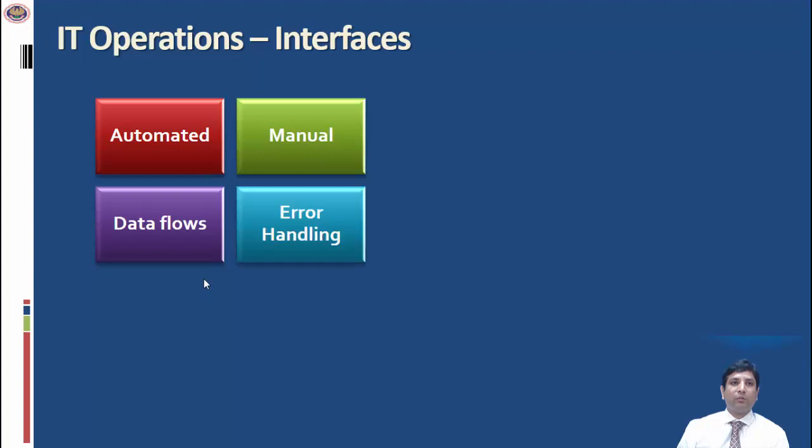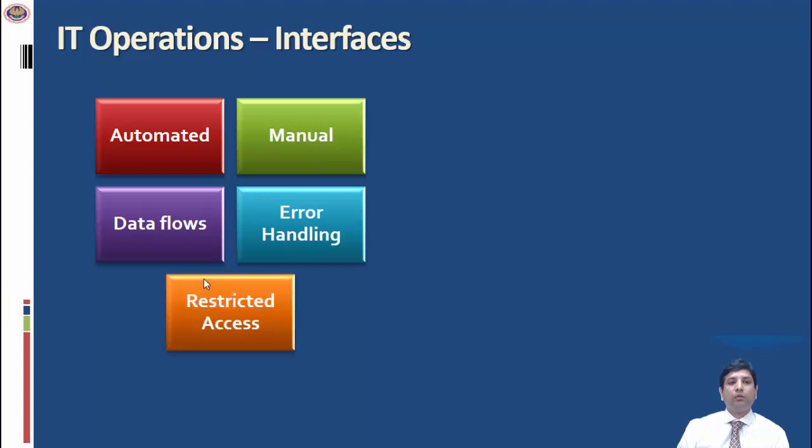And similar to the case of batch jobs, wherever data flows are happening, it could happen through either a batch job, or it could be through a manual process, or it could be through some kind of automated routine or scripts which are executed at a certain point in time. So whenever the interfaces operate, how is it managed that the errors or the failures in the interface are identified and detected in a timely manner?